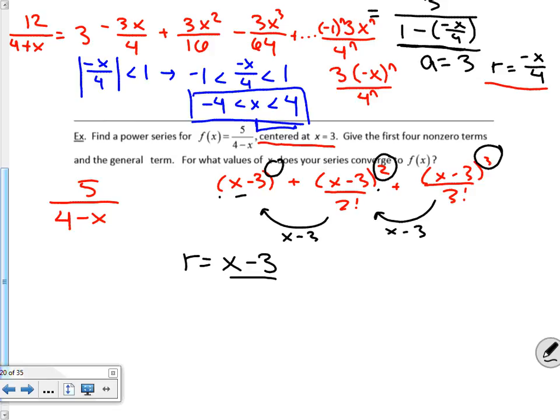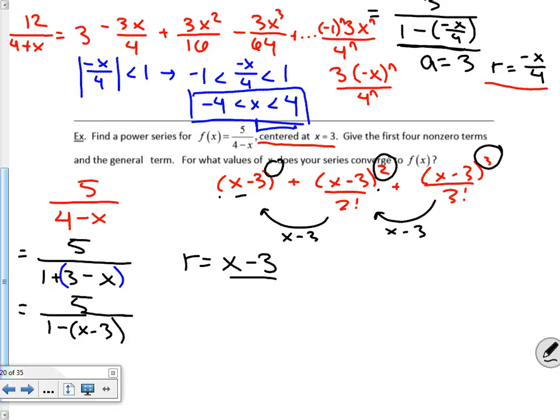Notice that I can write 4 as 1 plus 3 minus x. Now if I use the associative property, and group those two together, now I need to be in the reverse order with different signs, so I can take out a negative, and I will get 5 divided by 1 minus (x minus 3).